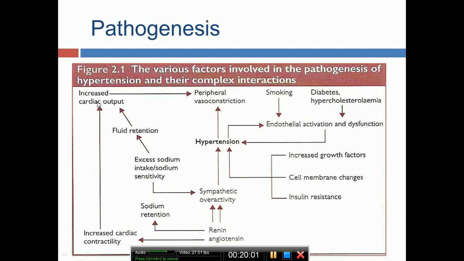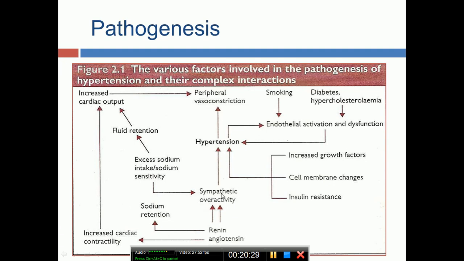Then there is increased cardiac output and peripheral vasoconstriction. Ultimately, for example, sympathetic overactivity: the sympathetic nervous system will function overactively, which will release norepinephrine, and ultimately this can cause hypertension.